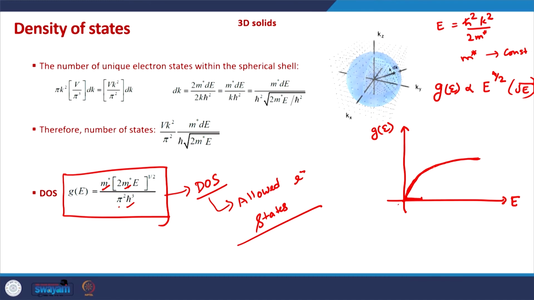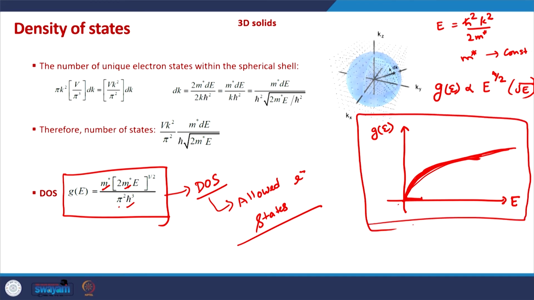Not exactly saturating, but the rate of increase lessens. It does not increase with the same rate as it increases in the beginning. So, the number of allowed states for low energies in 3D materials is small, and they become large as we increase the energy.